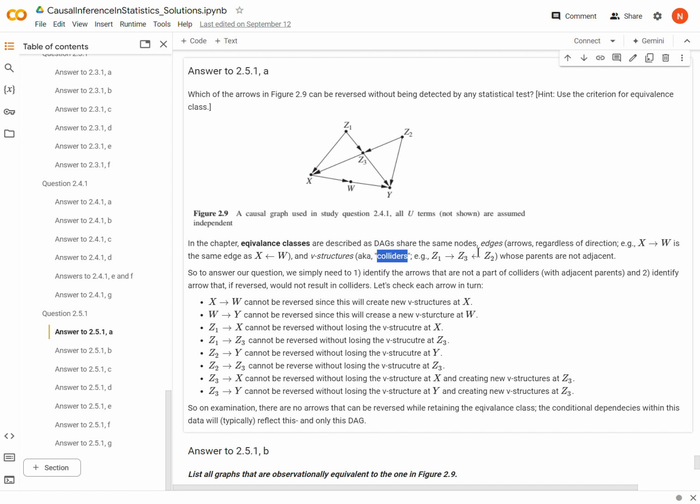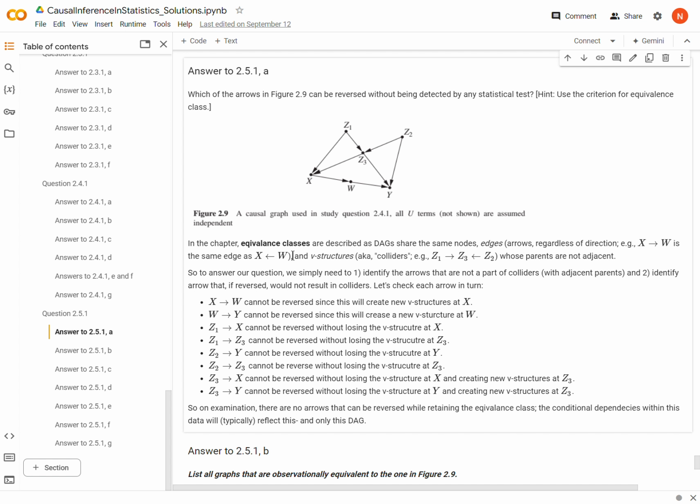A collider is where two different variables impinge on another variable. So Z1 and Z2 impinge on Z3, so that's a collider. The V structures whose parents are not adjacent, but we can kind of ignore that. I think we get the gist with just the V structures.